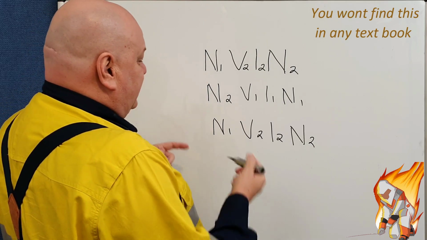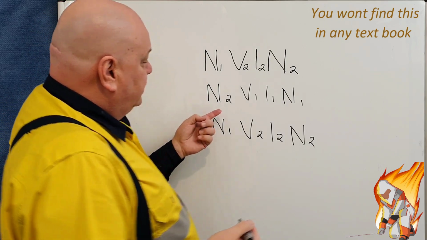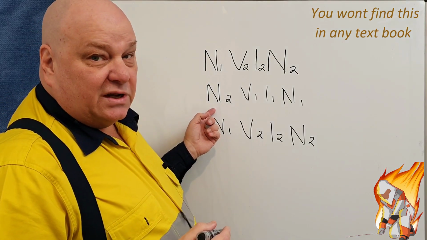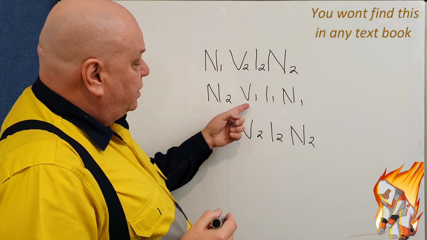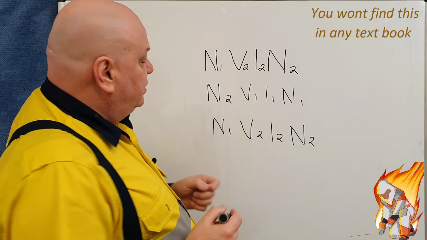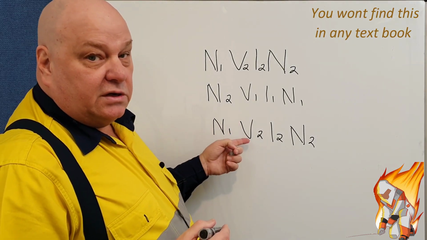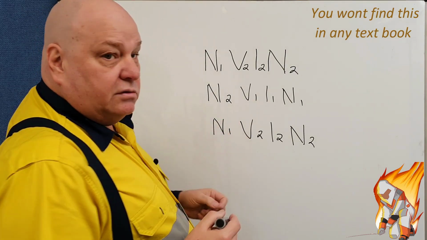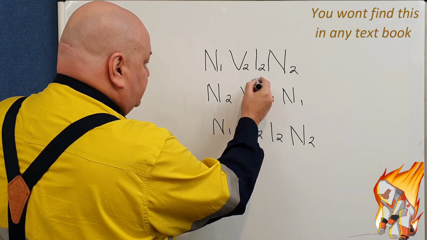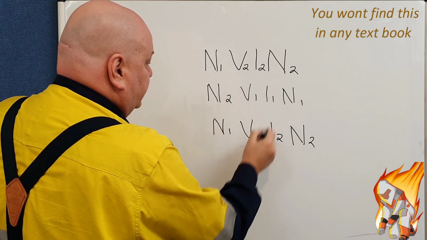So let's say you've got the number of turns on the secondary winding, and you know the voltage on the primary winding, and you know the voltage on the secondary of the winding. So this is your formula right here.